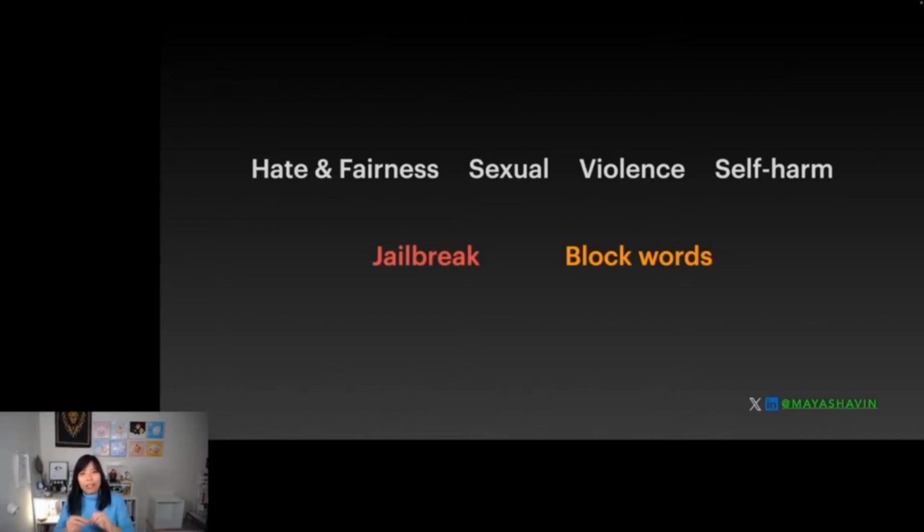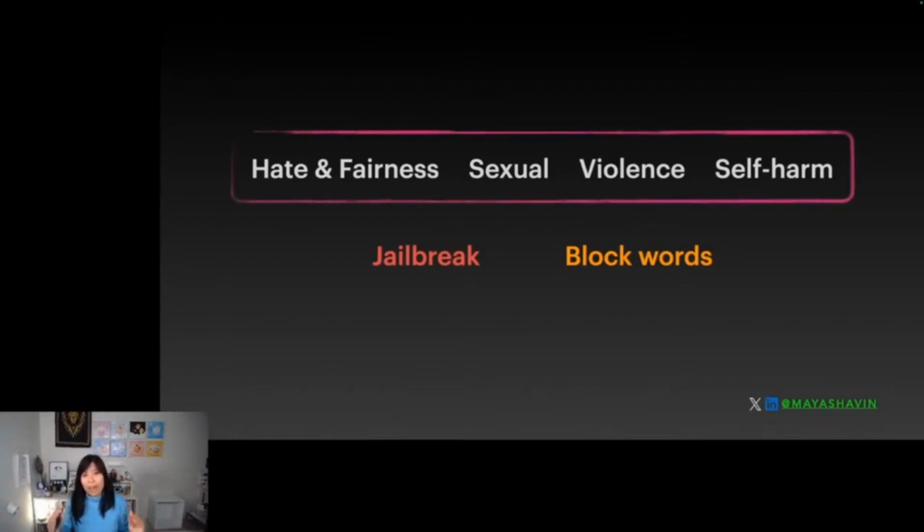Blocklist is more about blocking any word that you consider extremely offensive regardless of context, and you don't want the content to contain these words. So in our demo and our talk today, we will talk mainly about these 4 categories.